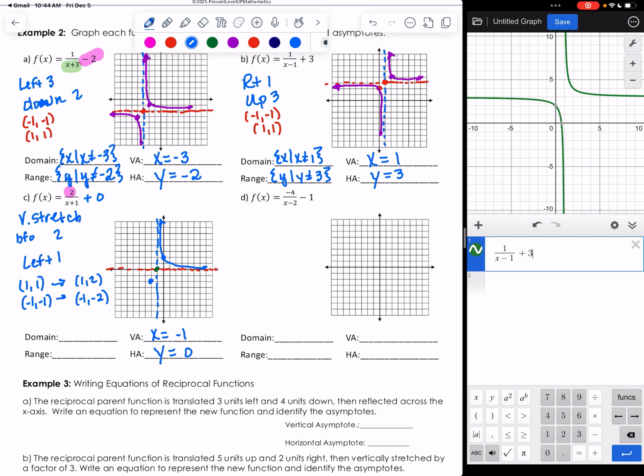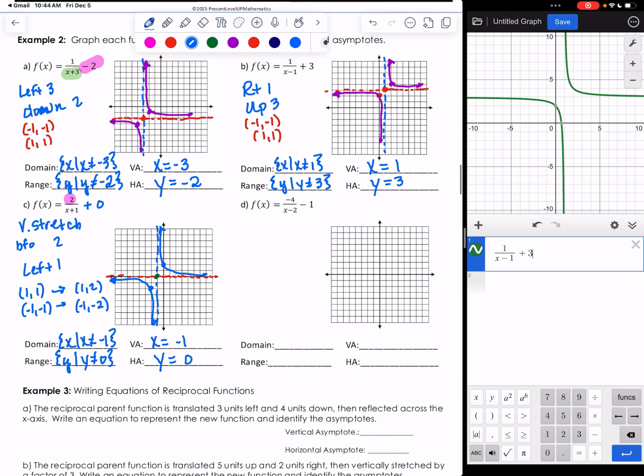And it'll curve towards the vertical asymptote on the right, and it'll curve towards the horizontal asymptote on the left. All right, so for our domain, the set of all x's such that x cannot equal negative 1. For the range, the set of all y's such that y cannot equal 0.